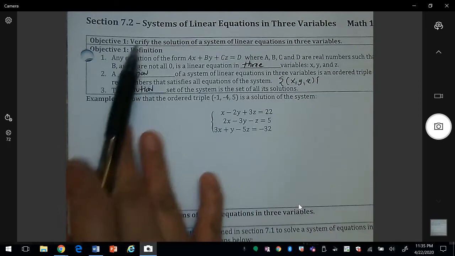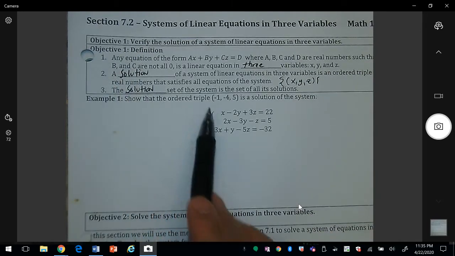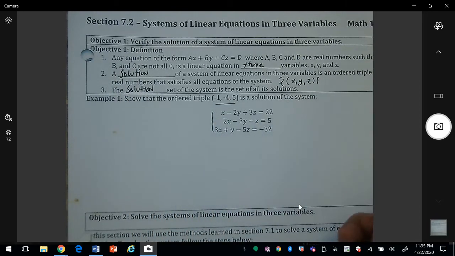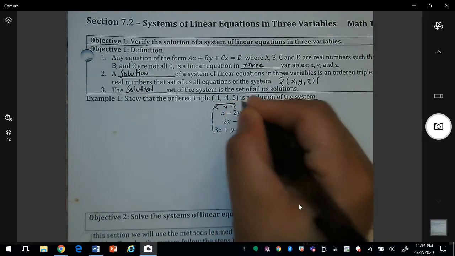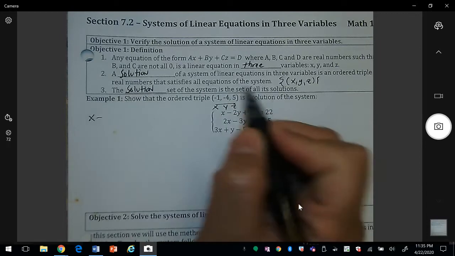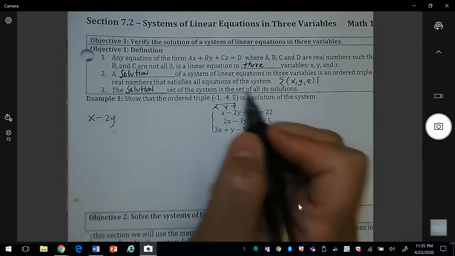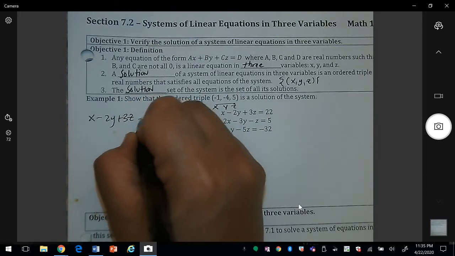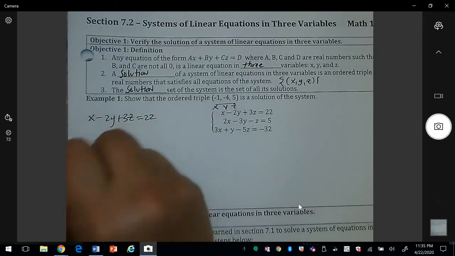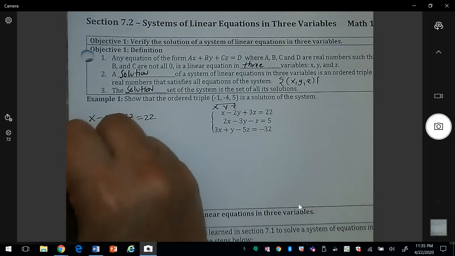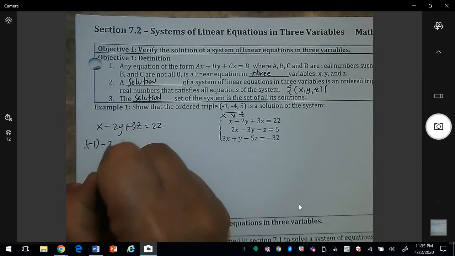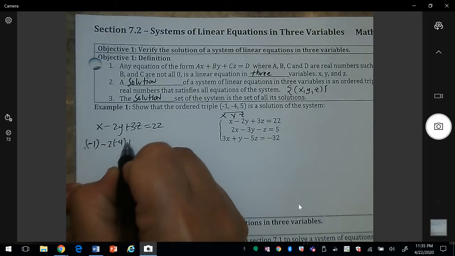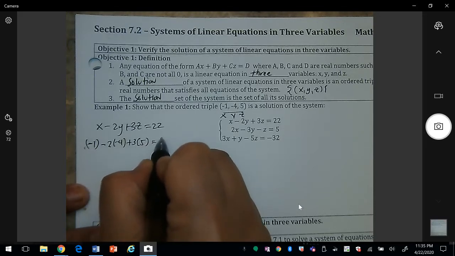And so if we want to check if this ordered triple is a solution to the system, then we can say this is x, y, and z. So we need to plug it into the first equation. In this case, x is -1, y is -4, and z is 5.